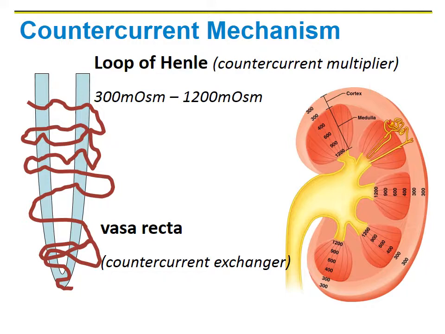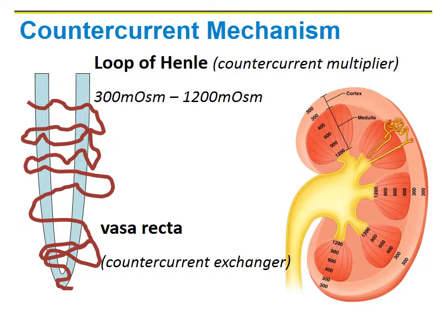The loop of Henle of juxtamedullary nephrons is really good at removing water from the filtrate by osmosis. What happens is the loop will actively move salt from the filtrate into the interstitial fluid to create an osmotic gradient. If you look at the numbers and the kidney diagram, you can see the gradient.